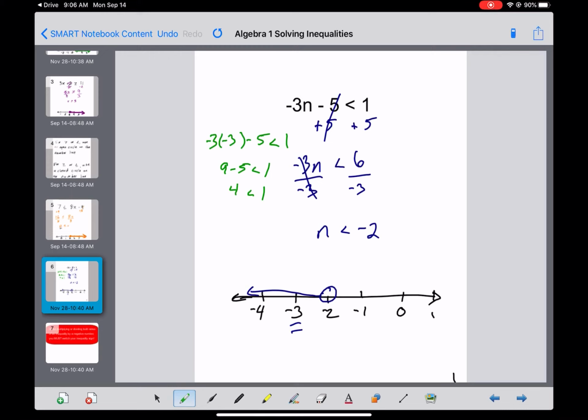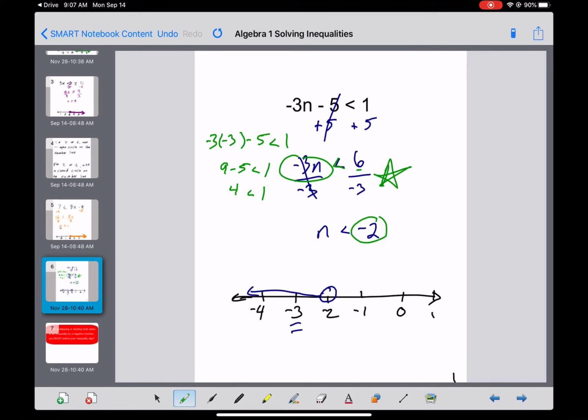And the reason for that is because of this step right here. Anytime you divide both sides by a negative number, that kind of messes up the inequality, because it was saying this side was negative, and a negative thing is less than a positive 6. That makes sense. Anything negative is less than positive 6. But when we divide it by the negative, now this side became negative 2. So this side switched from positive to negative.